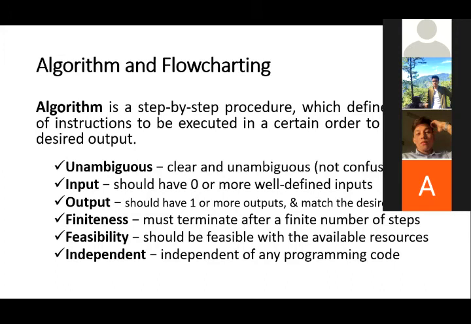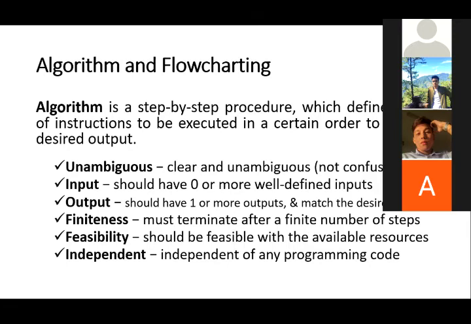Okay? And there are specific classification or characteristics na isang algorithm. An algorithm should be unambiguous. Ibig sabihin, hindi siya nakakalito. Yung step-by-step procedure mo o yung instructions mo, clear and not confusing.